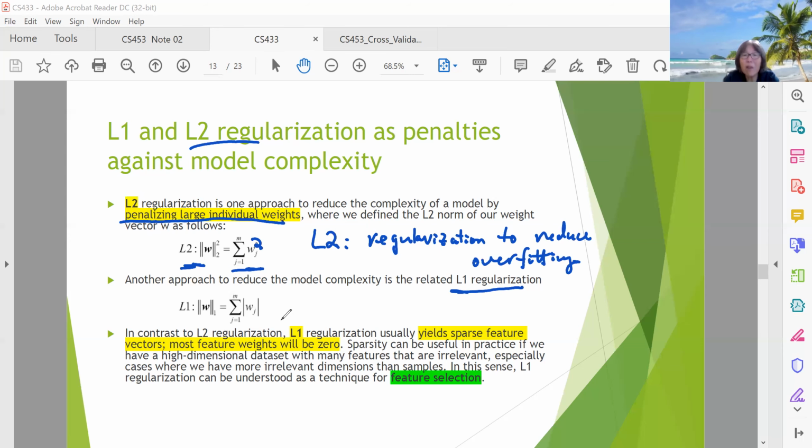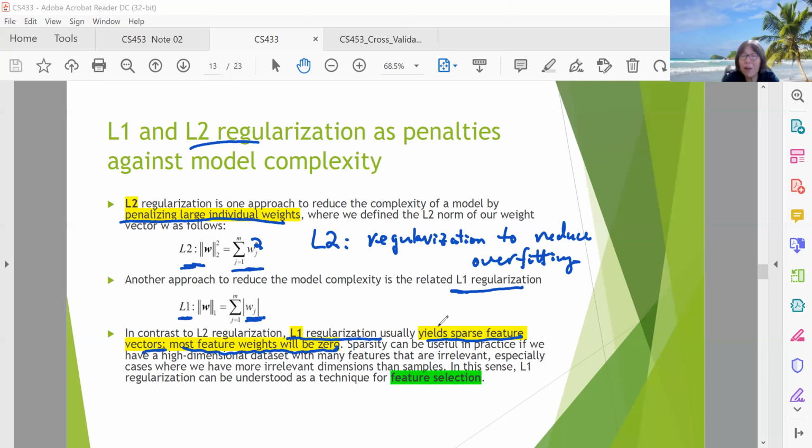Okay, and there's another one called L1 regularization. It just adds the absolute value, no square. L1 regularization will yield sparse feature vectors. It will lead quite a lot of feature weights to be 0.